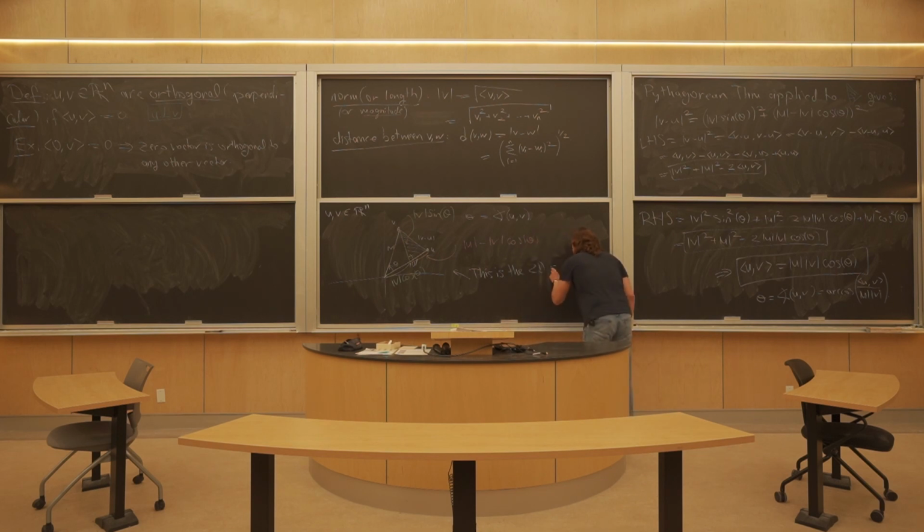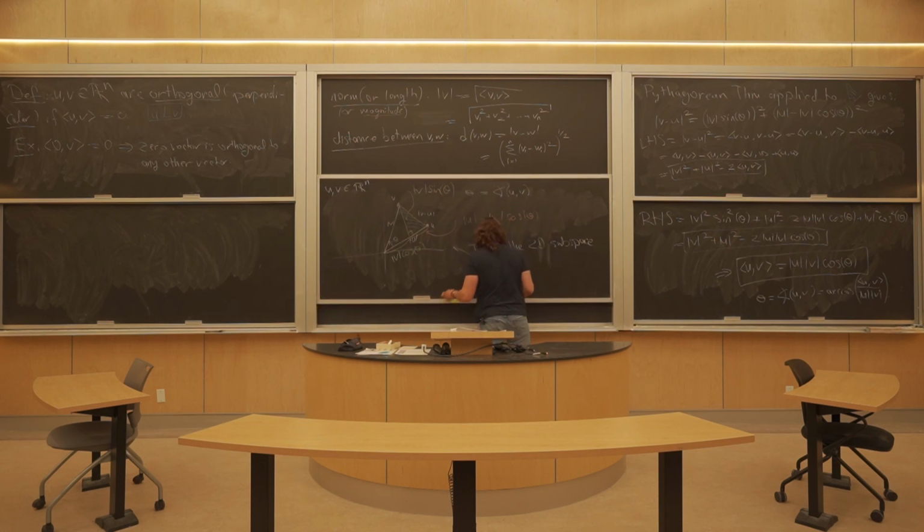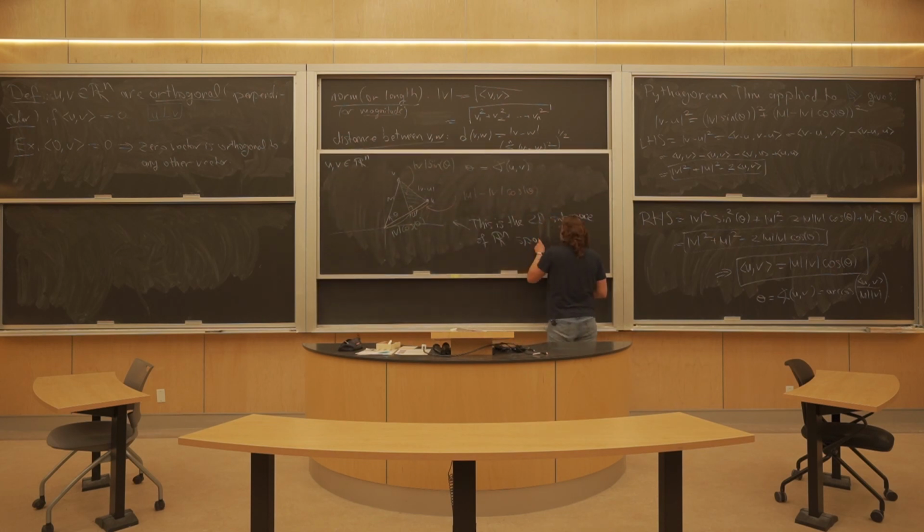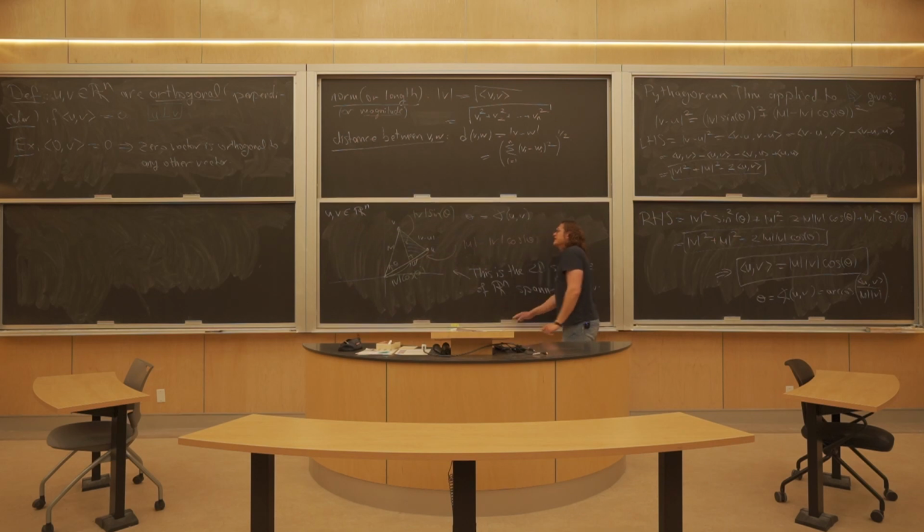This is the 2D subspace of Rn spanned by U and V. And inside that two-dimensional space, that's literally what that means. Perpendicularity, or the angle, makes perfect sense. Okay. Any questions about this?